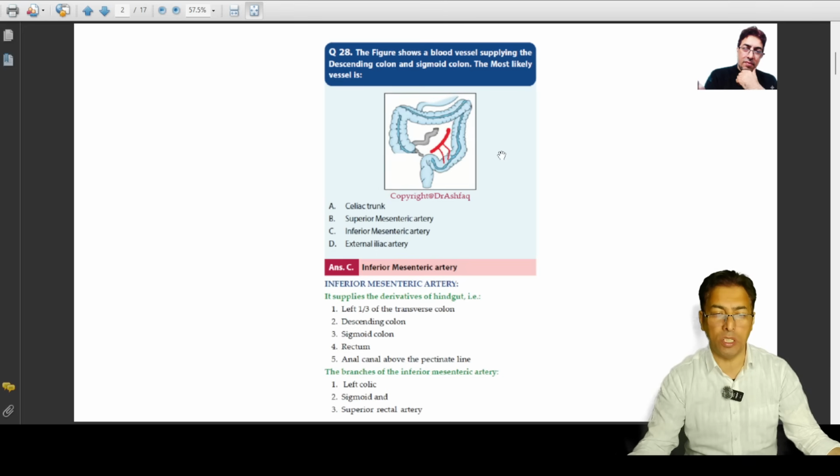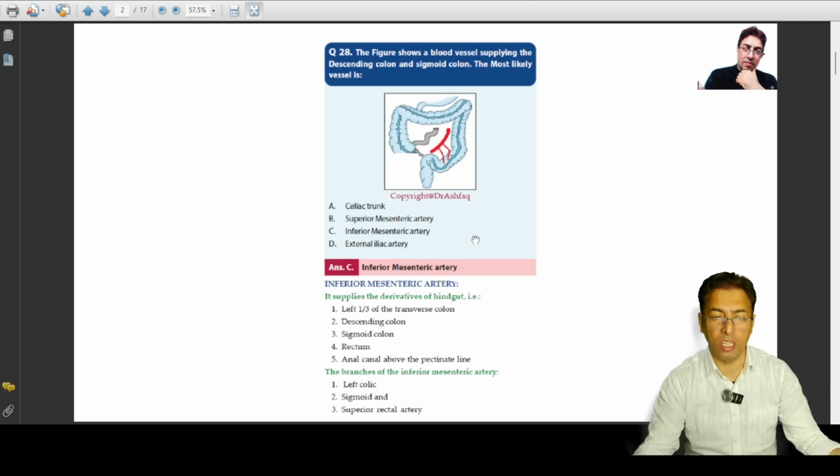The superior mesenteric artery supplies the midgut, and the inferior mesenteric artery supplies the hindgut. The descending colon and sigmoid colon are derivatives of the hindgut. So the inferior mesenteric artery would be the vessel supplying the descending colon and the sigmoid colon.